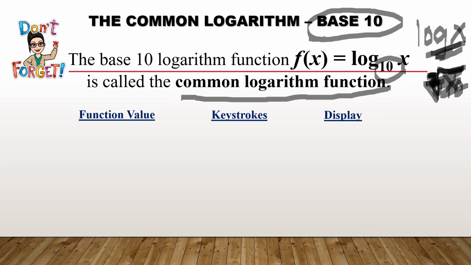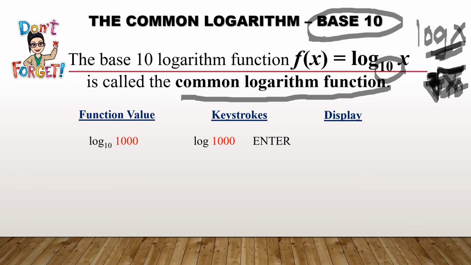So let's have examples here. We have the function value, keystrokes, and display. If you have logarithm of 1000 to base 10, or log of 1000 to base 10, when you use your calculator, you do this: log of 1000 and enter.